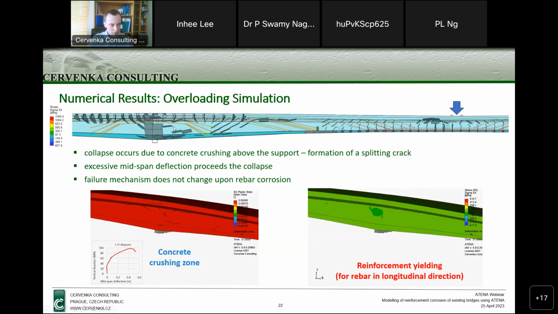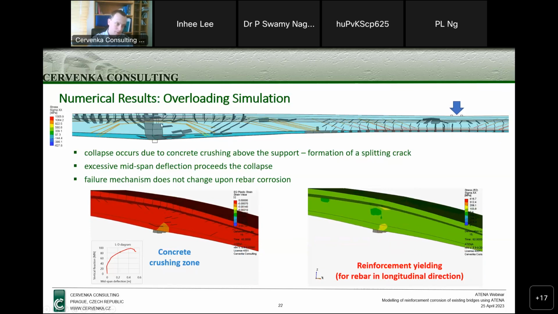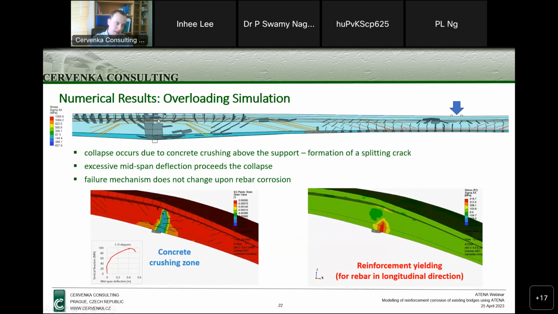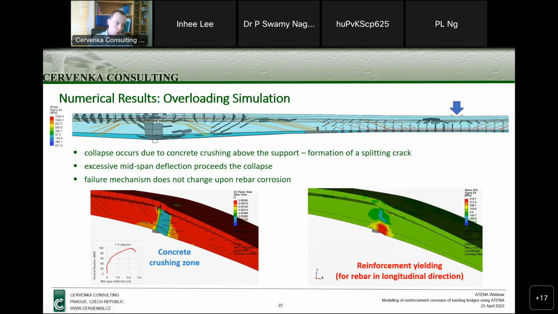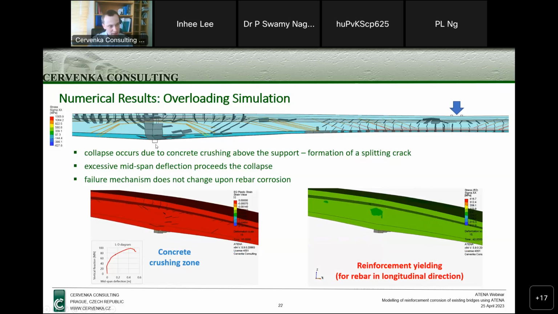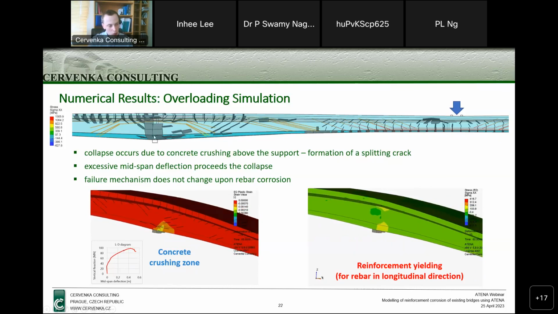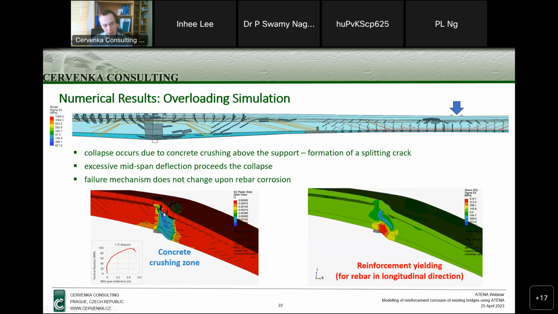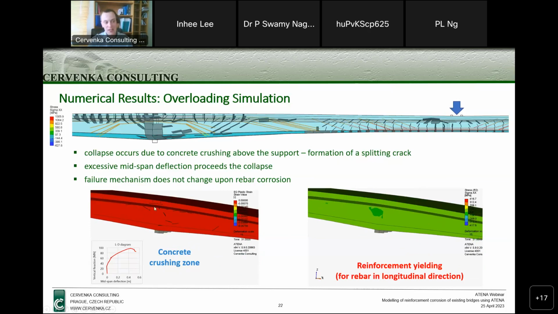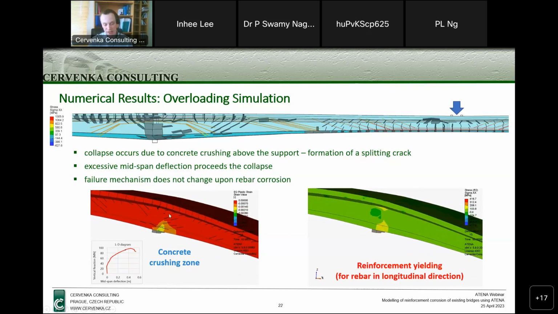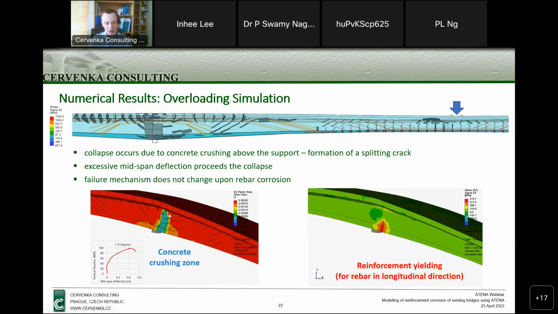And as the load increases, the forces in the deviator increase, and it results in an increase of the compression stress between the deviator and the support below, which results in formation of the compressive region, and due to the combination of shear and compression, the concrete is subjected to crushing, and that's the mechanism at the peak load.